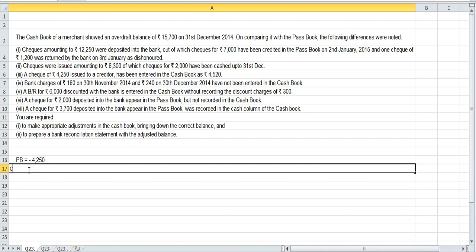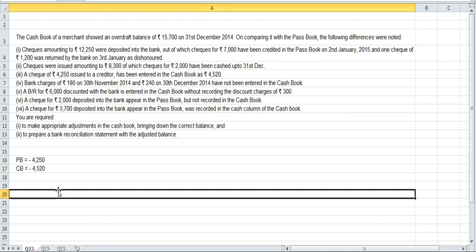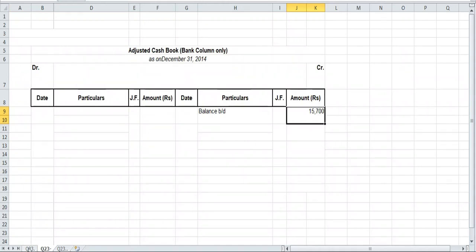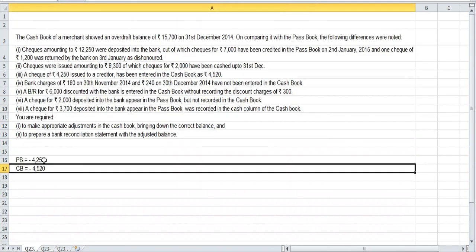But from your cash book, what you have done is issued 4,520. So here, what is happening? You were supposed to pay how much? You were supposed to issue how much?